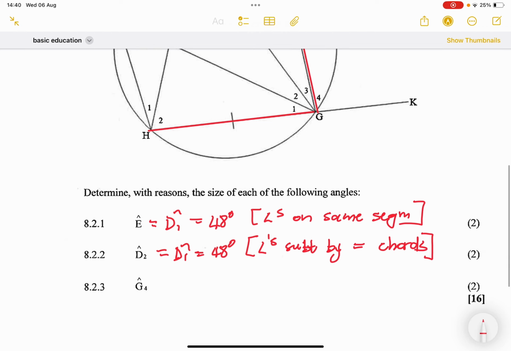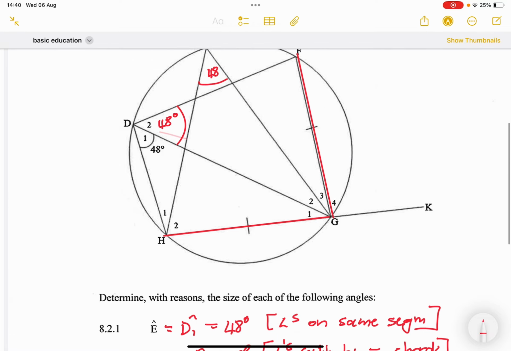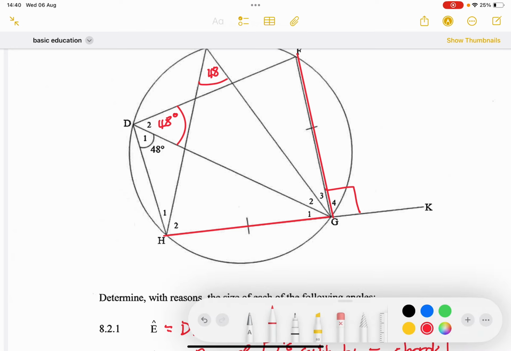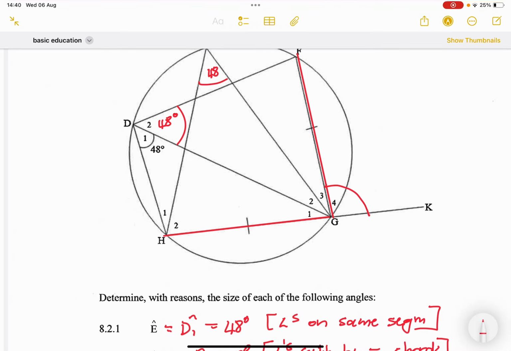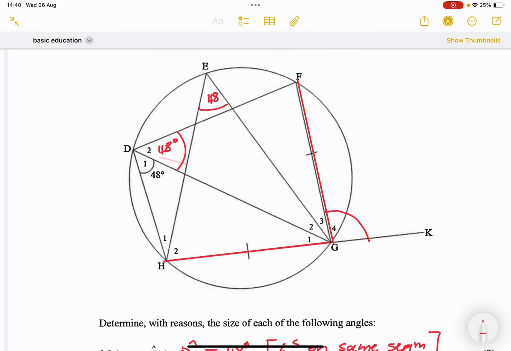Right. Okay, and the last one is G4. So we want to find out what is the size of that angle. I wrote it as though it's a 90-degree angle, right? That's not my intention. So angle G4. But look at this. We know we've got a cyclic quad, which is DFGH. So this is a cyclic quad. And so that's the exterior angle of a cyclic quad. And we know that this is equal to the angle on the opposite interior side.